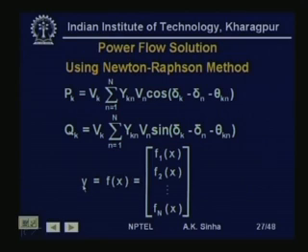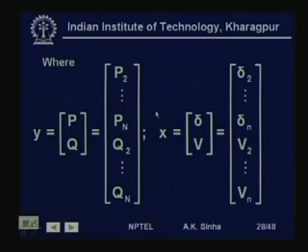Now, for each bus, we can write this as y is equal to f x, where f x is f 1, f 2 up to f n, where n is the number of equations that we have. If we have n number of nodes, then we will have 2n equations, n number of equations for P and n number of equations for Q.